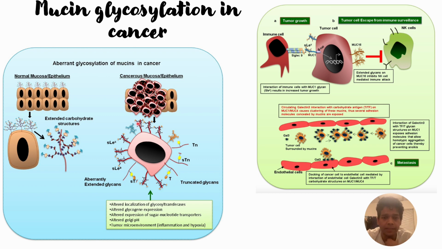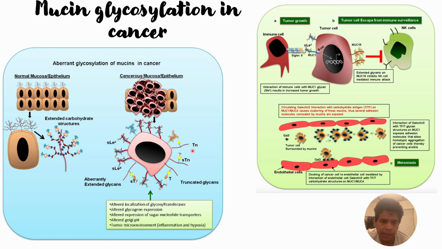Both of these factors, the high density and the change in the glycosylation machinery, lead to truncated glycosylation on the mucins that are expressed on the cell surface, that can be seen here.